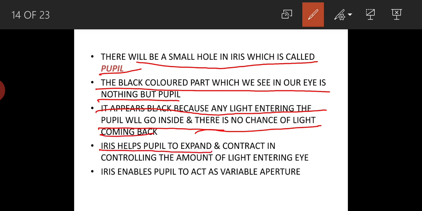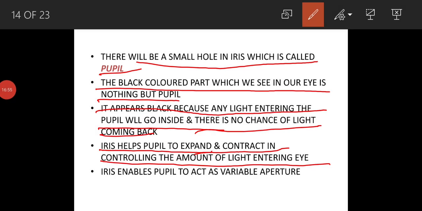The iris helps the pupil to expand and contract in controlling the amount of light entering the eye. It means when there is very bright light, this iris will contract and decrease the size of the hole. It means it will decrease the size of the pupil. As a result, less light enters the eye.